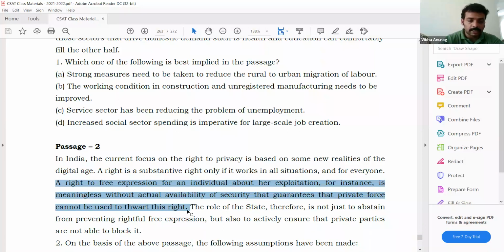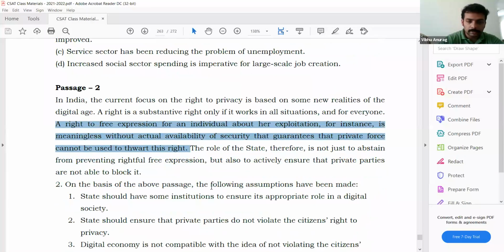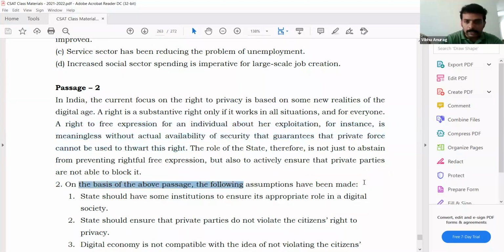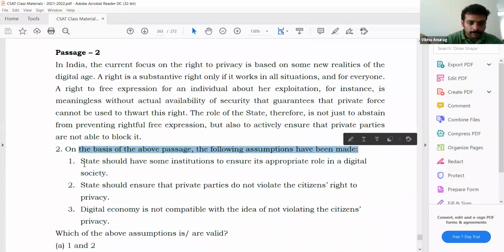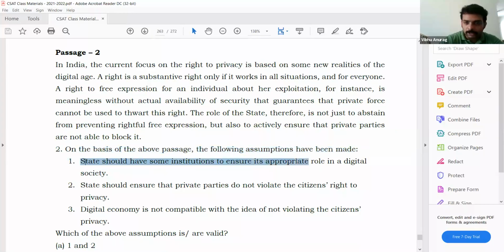Because of that, now we have to find out the assumptions. The following assumptions have been made. Number one, state should have some institutions to ensure its proper role in a digital society. Yes, they need to have some institutions, because he's saying that they need to actively ensure. So the author believes that they have to have some institution. It's not just that the state should not prevent this right. They should ensure that private parties are also not doing it.